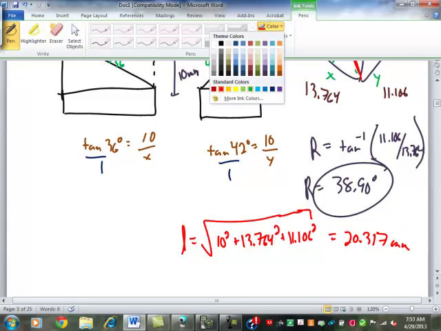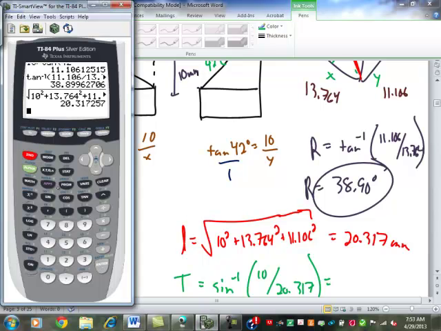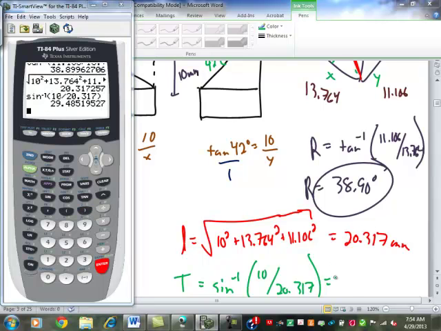So then our angle of tilt, T, is going to be the inverse sine of 10 over 20.317. So inverse sine of 10 over 20.317 is 29.49 degrees.